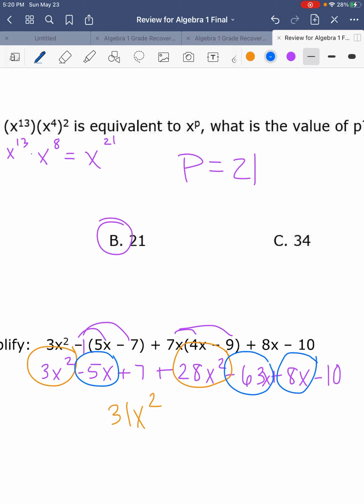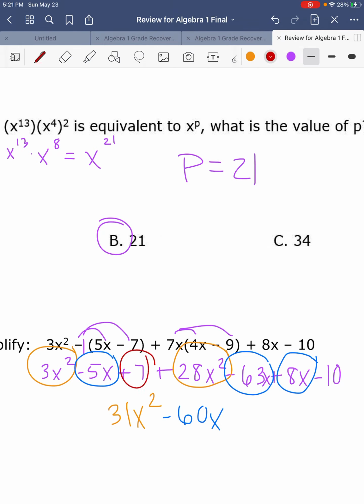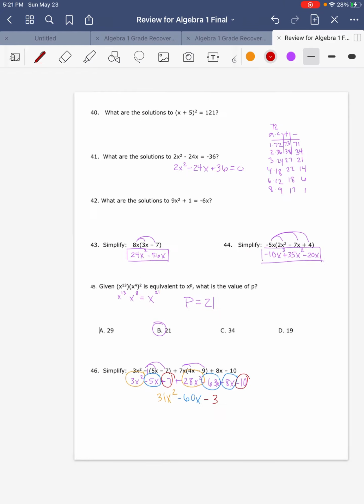So -5 plus -63, that's -68. And then -68 plus 8 would just be -60x. And then I just have a +7 and a -10, which makes -3. So that would be my final answer.